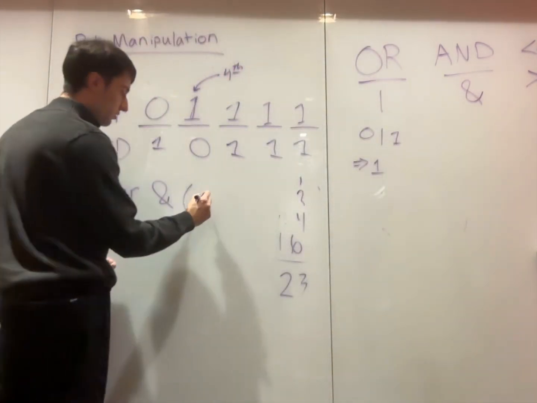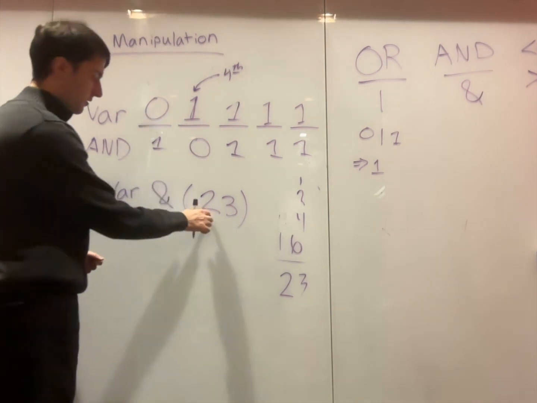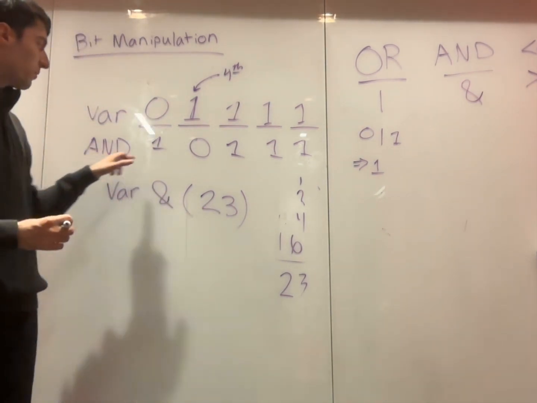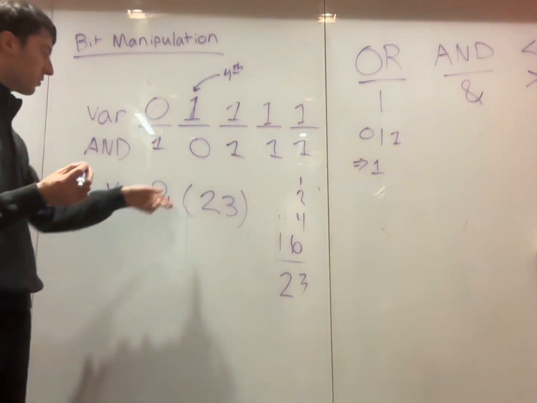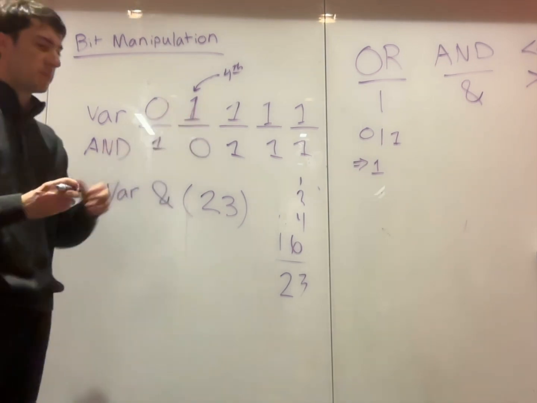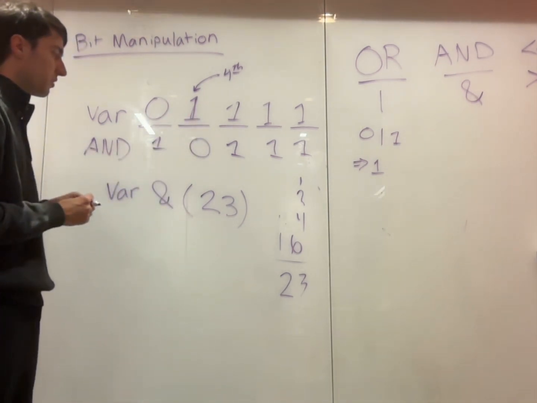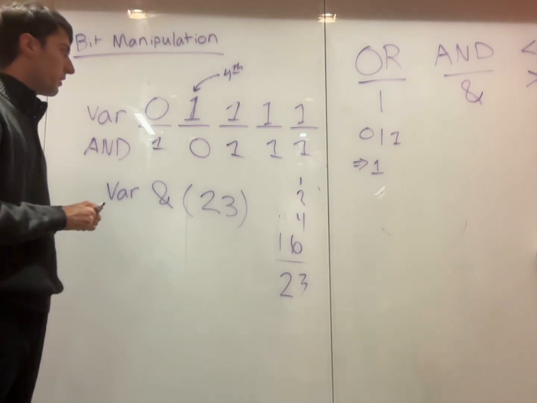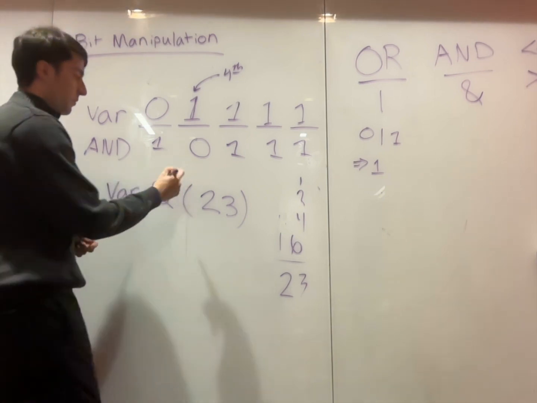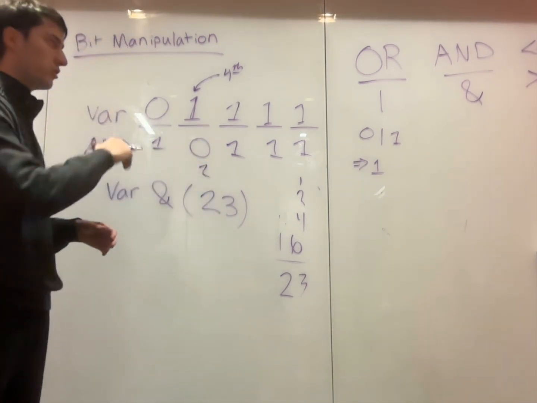So we could just do 23, right? And if that's an int value. So now, bam, we created it. So that's another method. It's a little bit more difficult if you want all of the bits to be set, because you have to think like, okay, well, what number is that going to be? Whereas with the OR operator, if you just want one bit set, it's a lot easier to actually just put a 1 there and then shift over.